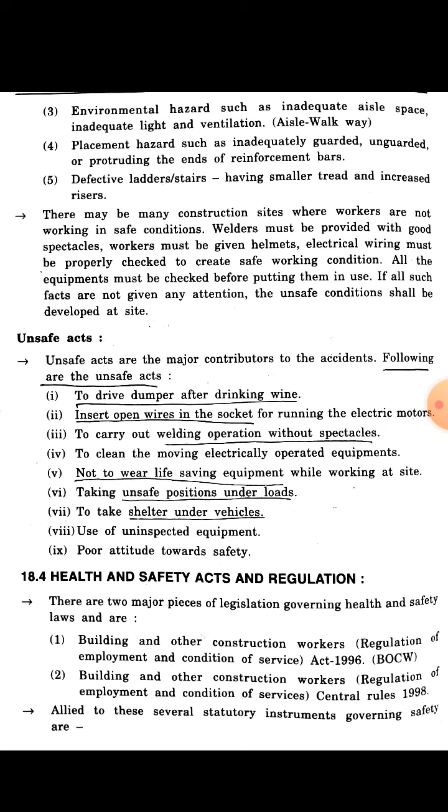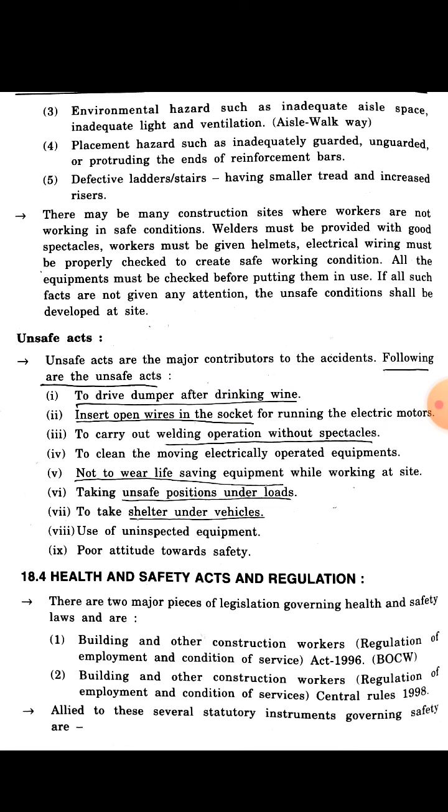Next are placement hazards, such as inadequately graduated or ungraduated protruding ends of reinforcement bars. Next are defective ladders or stairs having a small tread and increased riser, which is another type of defective or unsafe condition.